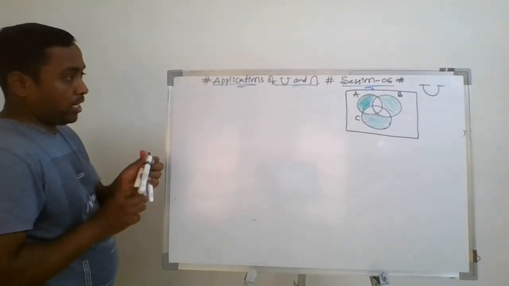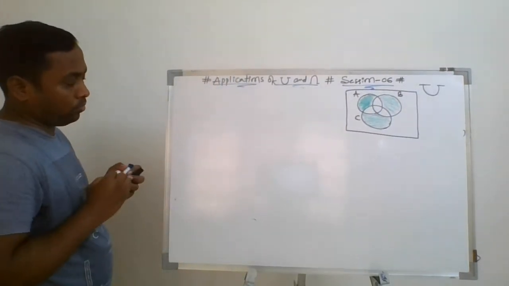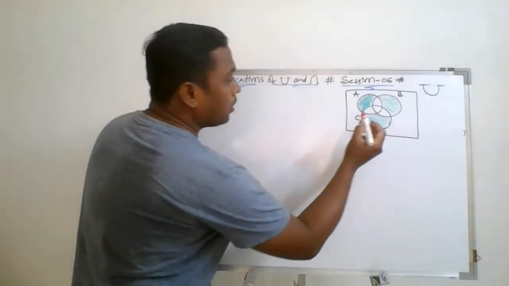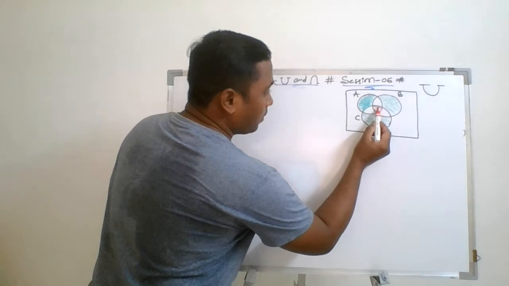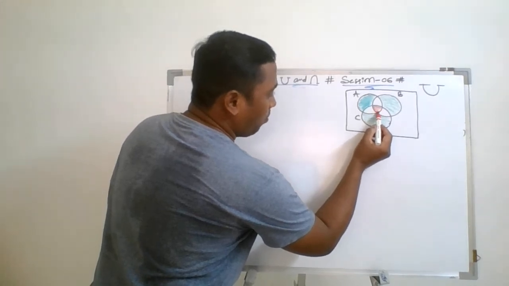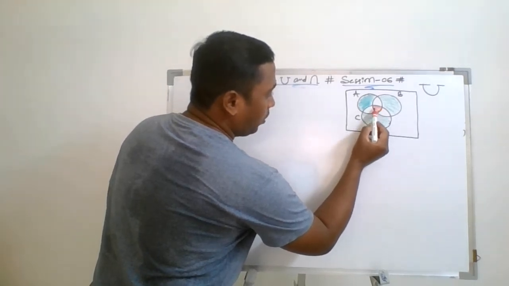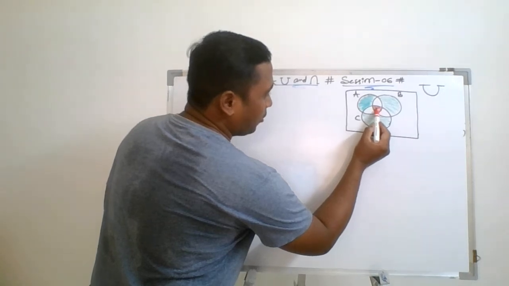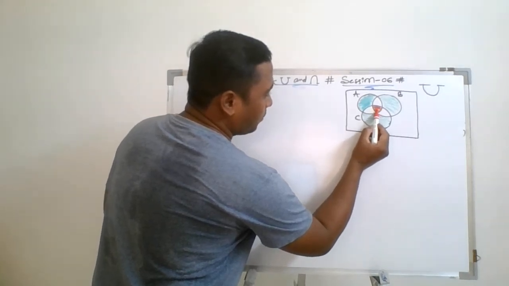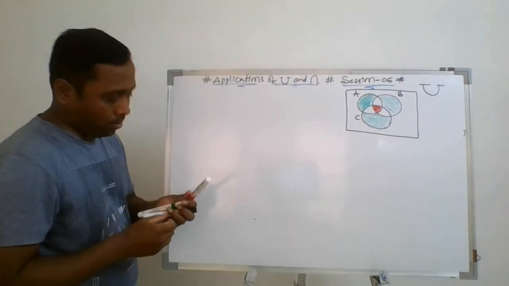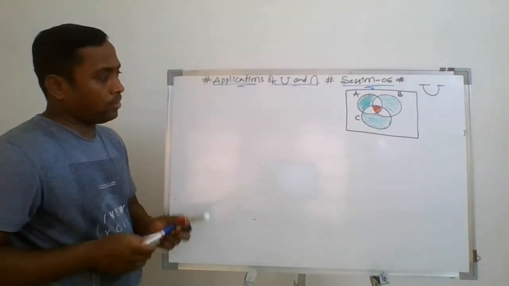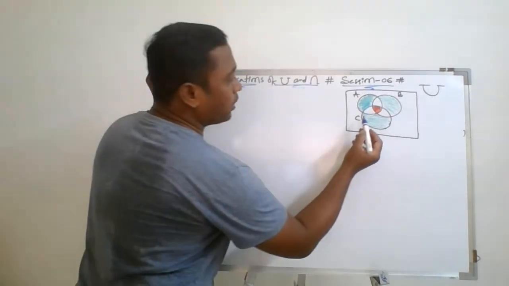Now I can shade the common of all the three portions. This is the area which is common for all the three sets. It's an intersection of all the three sets. तीनों का common area. And the blue portion which I am going to shade.